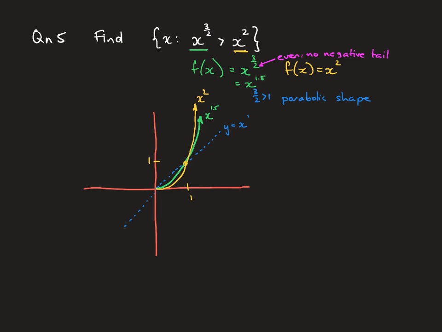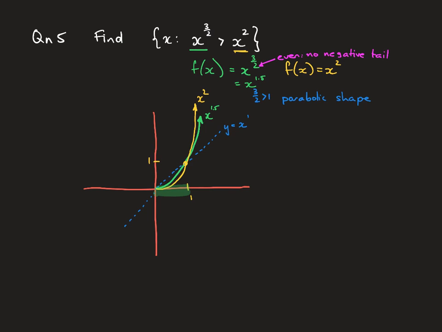And so to find the section of the graph, the domain where the green graph is above the yellow graph, that is this section of the domain here. For those x values, the green line is above the yellow line.